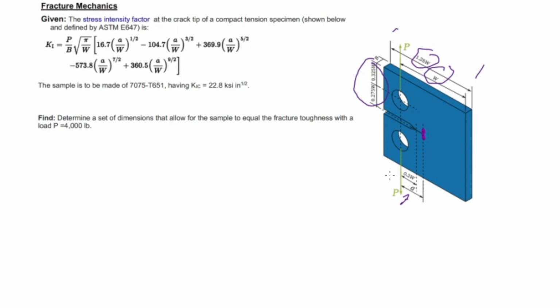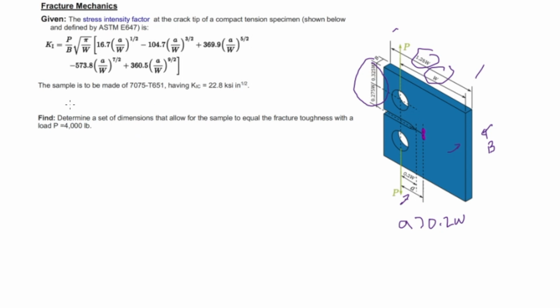But we have to keep in mind that A must be greater than 0.2 times W, or the geometry is not considered valid. The other dimension that we have to play with is the width, which is defined by B.